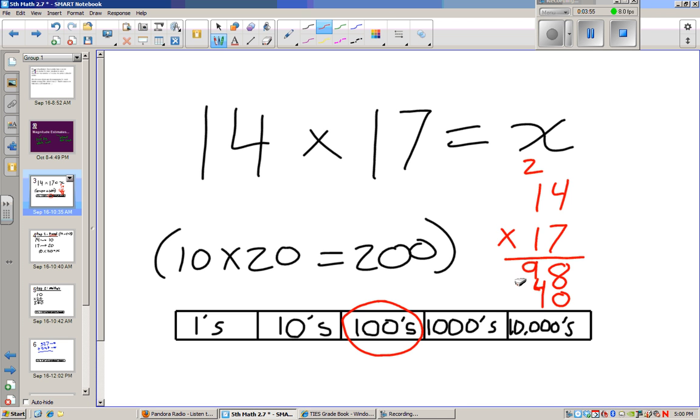And 1 times 1 is 1. So then I have 98, and 140. I carry that 1, so 238. My estimate was 200, and the actual answer is 238. I got an answer that was in the hundreds, and it's pretty close to my estimate, so I can be pretty confident that this answer is right.